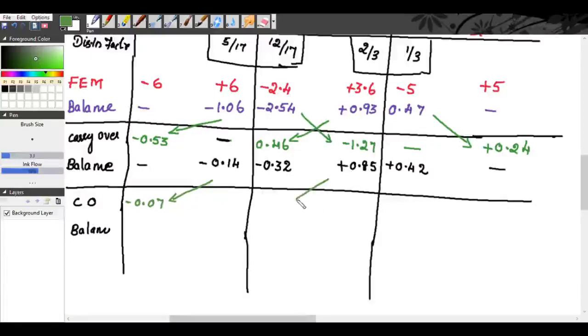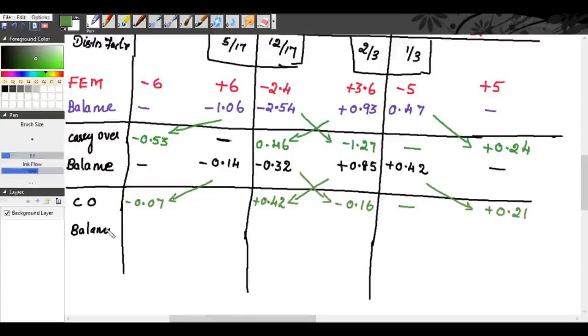Here from C to B and from B to C, 0.85 divided by 2, we get plus 0.42 and plus 0.42. Here minus 0.32 divided by 2, we get minus 0.16. Now this is the fixed end, so here we do not carry. Here it is 0.42 divided by 2, it is plus 0.21.